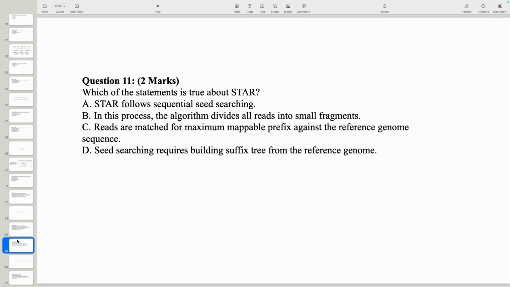So again, it is an alignment tool. How this alignment is done by this tool, we need to find the correct options.